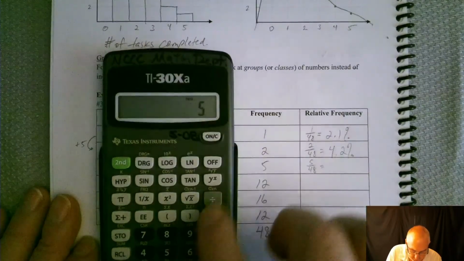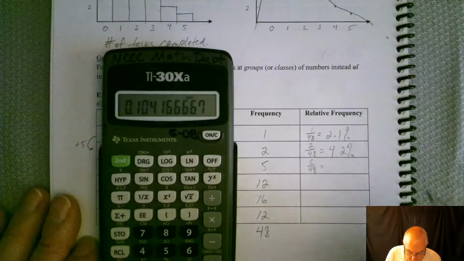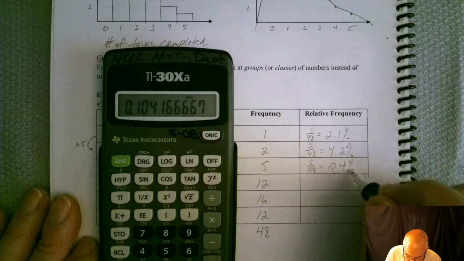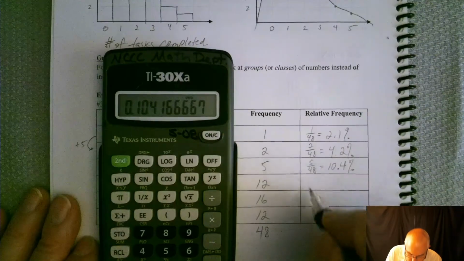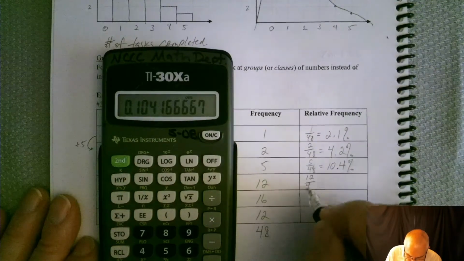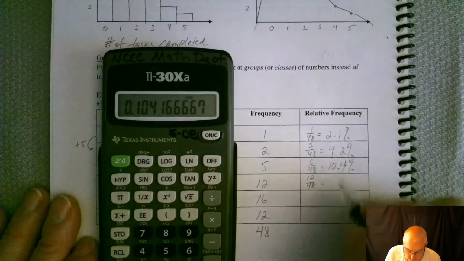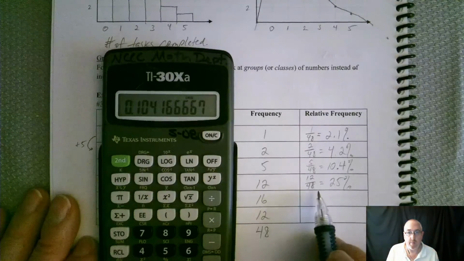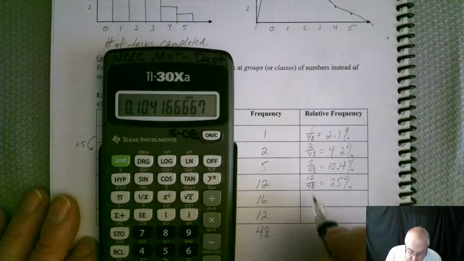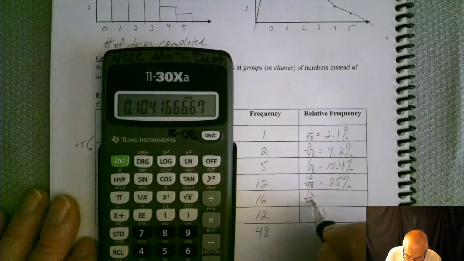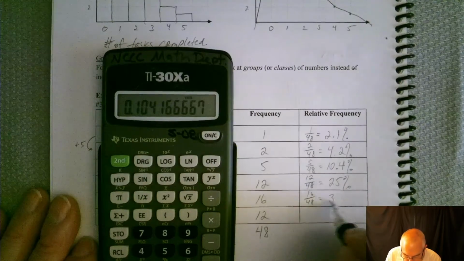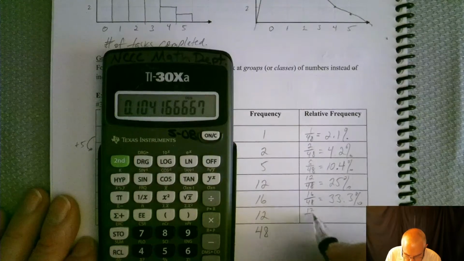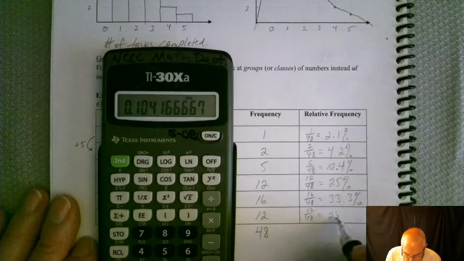Let's see what 5 over 48 is. 10.4. 12 over 48, well, 12 is a quarter of 48. 16 is a third, so that's 33.3%. And then 12 is another 25.